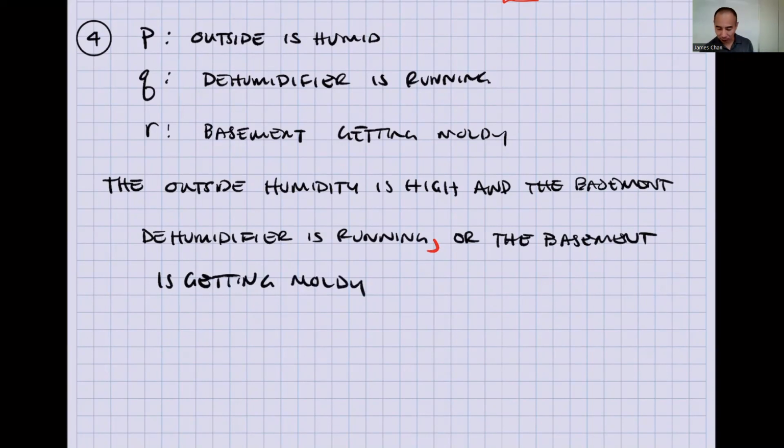Okay, so let me ask you this. How do I write this? The outside humidity is high: P. And, how do I write and? Basement dehumidifier is running.